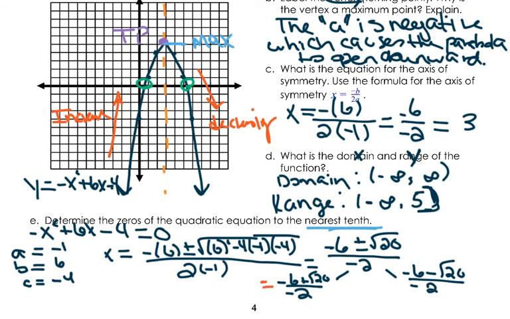And here, when I put that into my calculator, I would get 0.8. If I put this into the calculator, I would end up with 5.2. Remember, round to the nearest tenth. So then I could say that x is equal to 0.8 comma 5.2. Those are 2 x values.